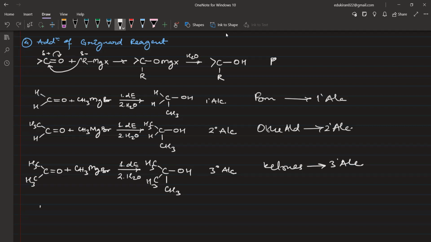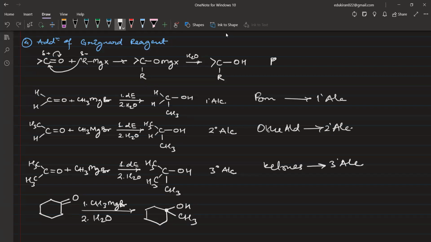For example, if you have something like this, so first step is CH3MgBr. So identify the alkyl group that is present on the Grignard reagent, and then just make the oxygen OH, and this carbon atom which was containing double bond O, that will get the Grignard reagent's alkyl group, that is CH3.